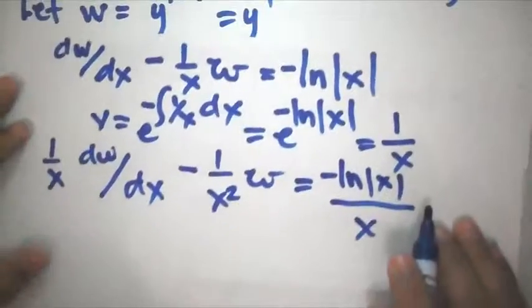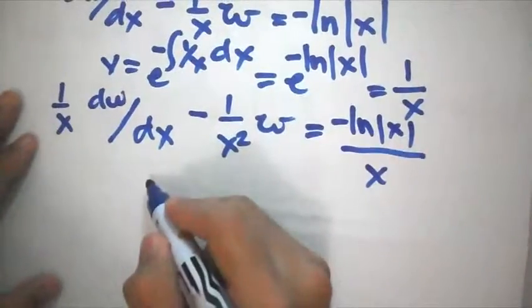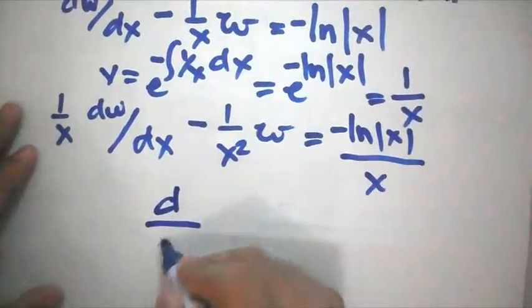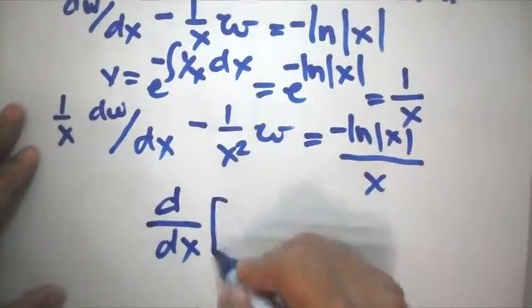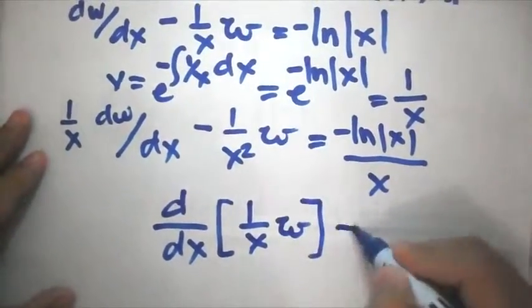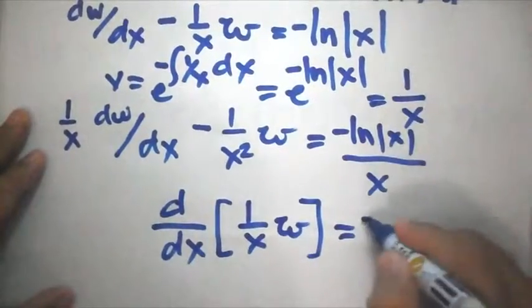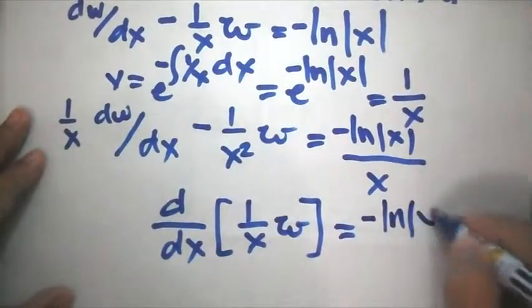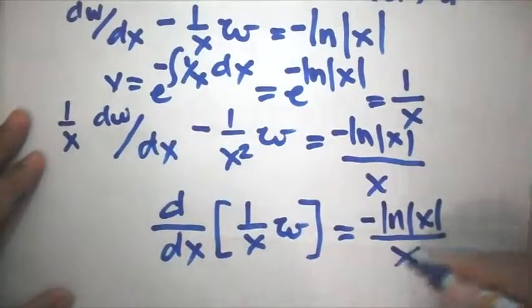And now next will be d/dx of the integrating factor times w, which is equal to negative ln x over x.